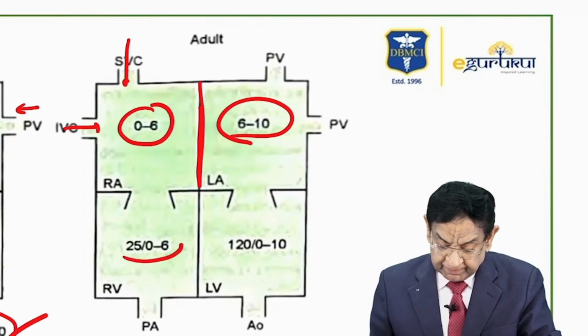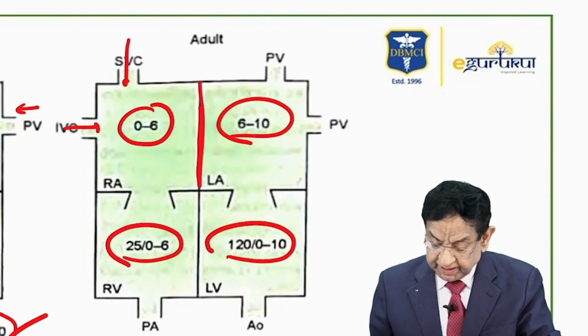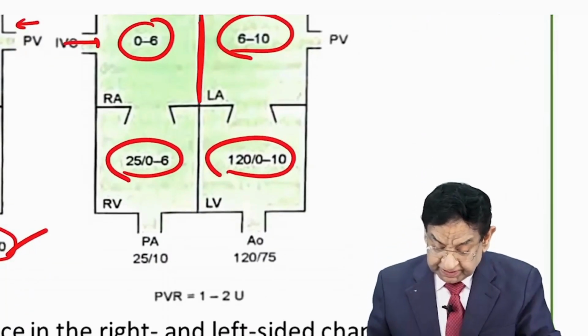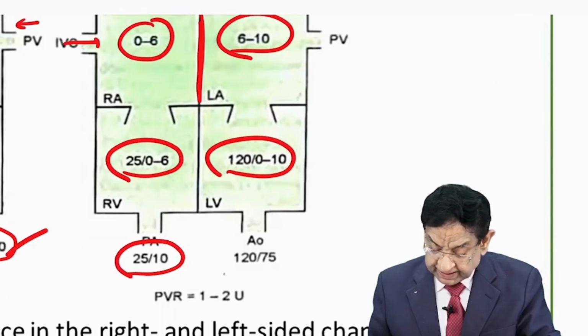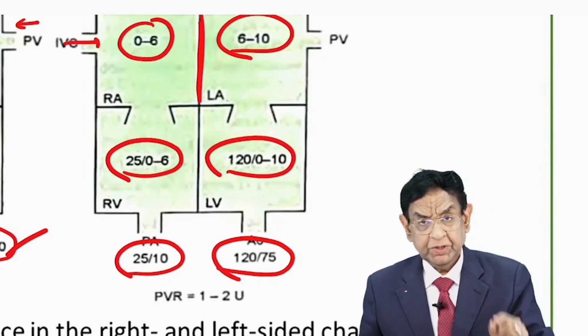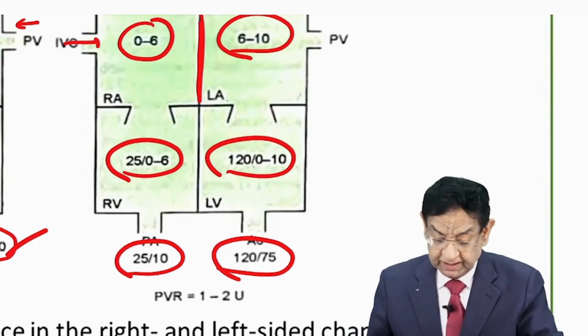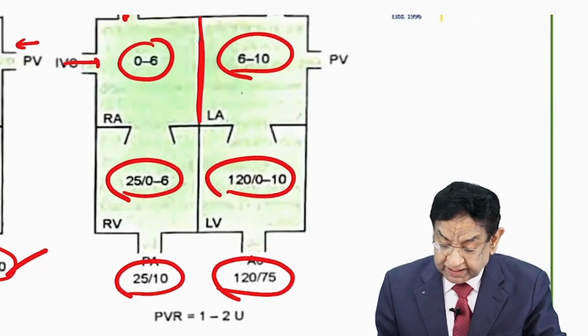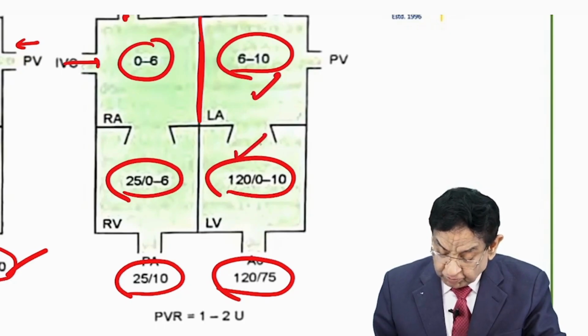Here 25 by 0, 120 by 0, 0 to 6 or 0 to 10. And the pressure here is 25 by 10 and 120 by 70. Point to be noted: now the left-sided pressures are more than the right side.